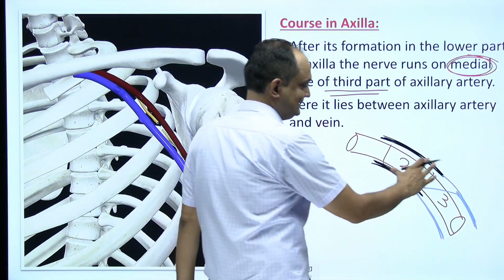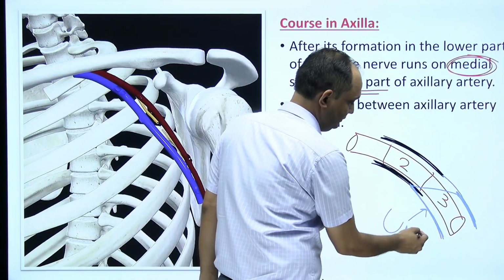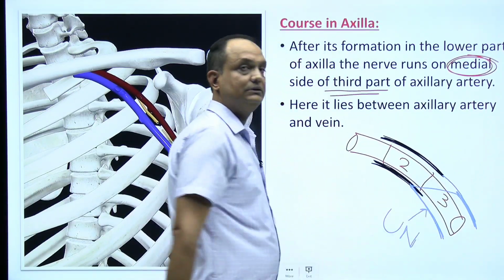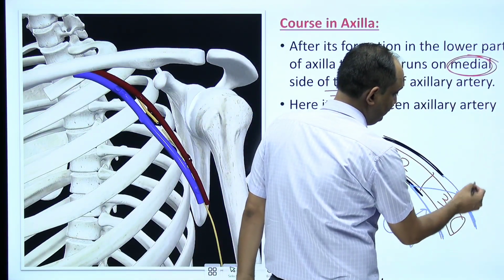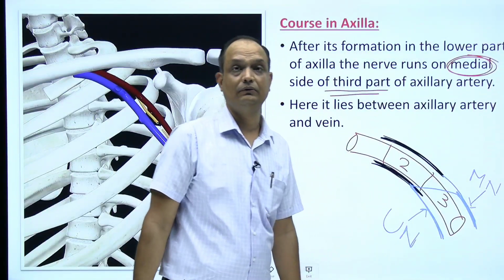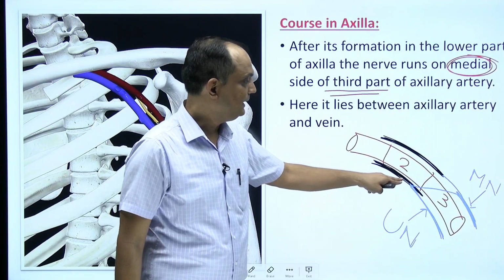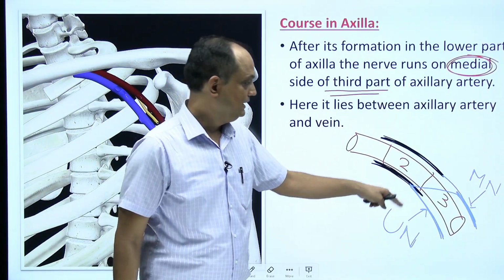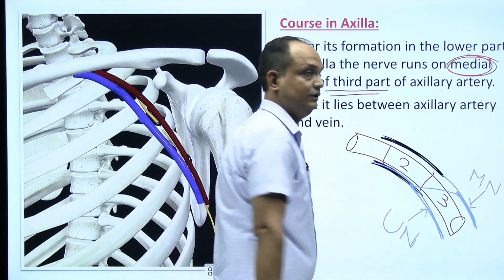So, by this you have to understand that ulnar nerve remains on the medial side of the third part of axillary artery, while median nerve forms on the lateral side of the third part of axillary artery. So, this ulnar nerve, which is part of the medial cord, remains on the medial side from its origin.